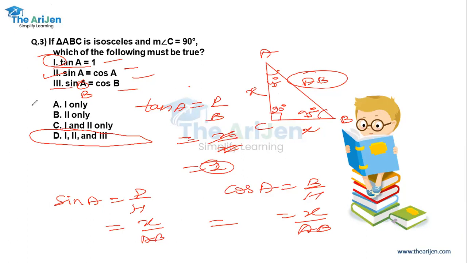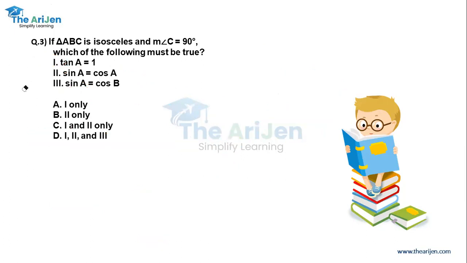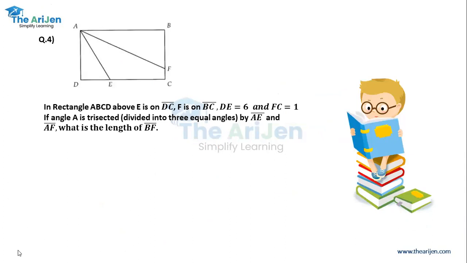So now we are moving to the next question, this fourth question. Yeah, you can see this question here. Now in this rectangle ABCD, it is given that E is trisected on this side DC, and F is on BC.